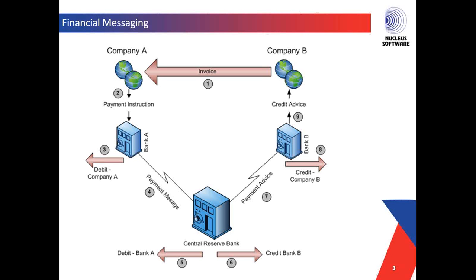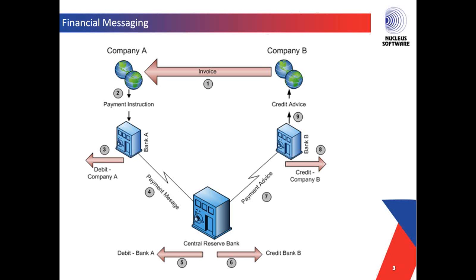Now company A in turn will need to send this payment instruction to its bank. Again, if it doesn't prefer to do it using the traditional paper mode, it can upload this payment instruction into the bank's premises. So there are a couple of options there. Either it can use the bank's internet banking site, or the bank may have provided companies dedicated locations where such instructions can be uploaded through files.